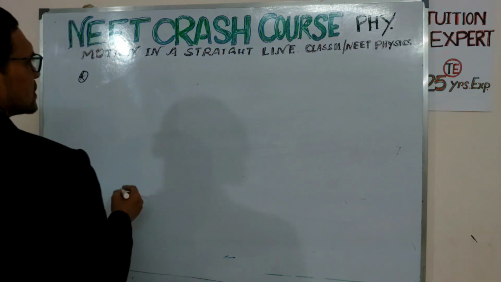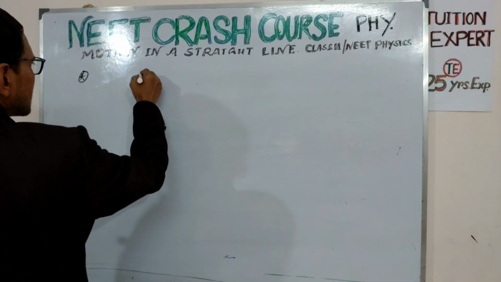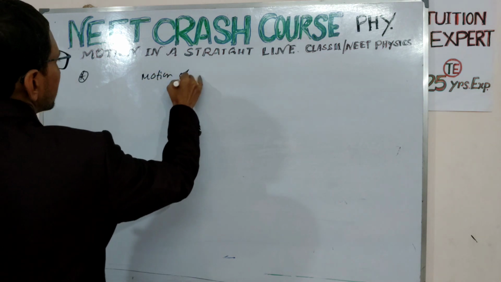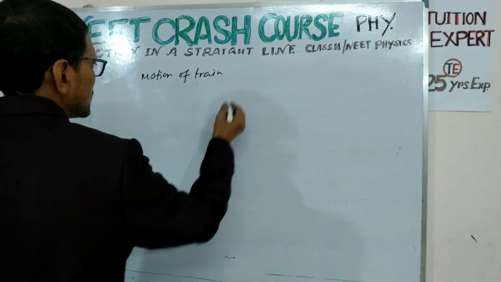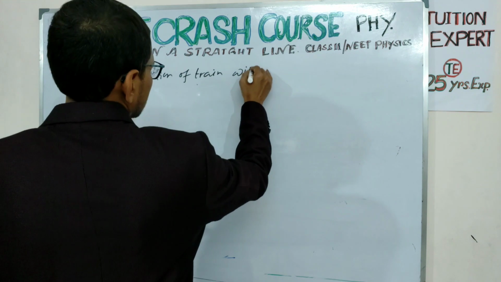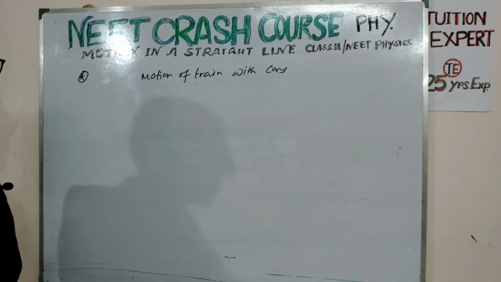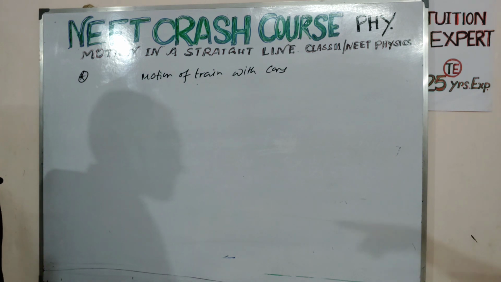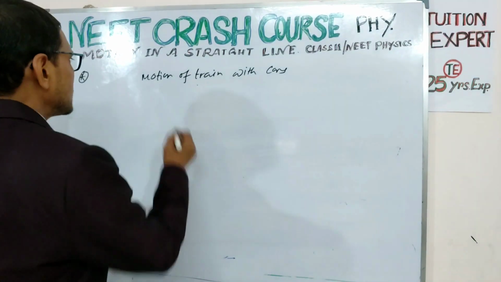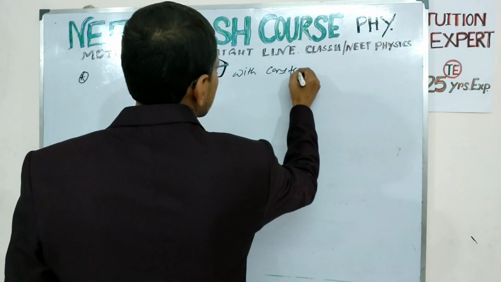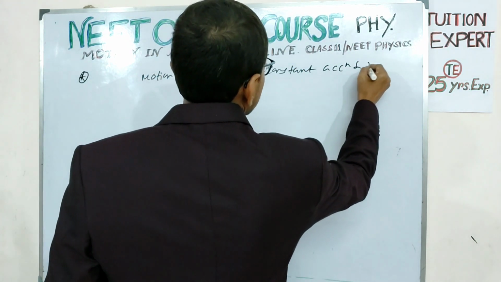Now how to solve the motion of a train with constant acceleration. Now the problem of motion of a train with constant acceleration and retardation.